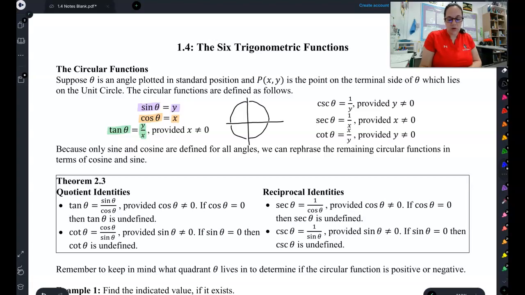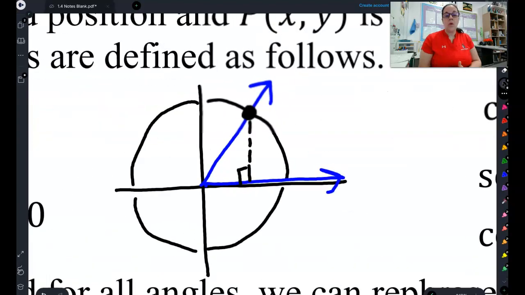Here's my unit circle, and let's put an angle on it. So if I think of this point and I make my triangle, we talked about last time that this is the x side of the triangle, and this is the y side of the triangle, and we know the hypotenuse is 1.